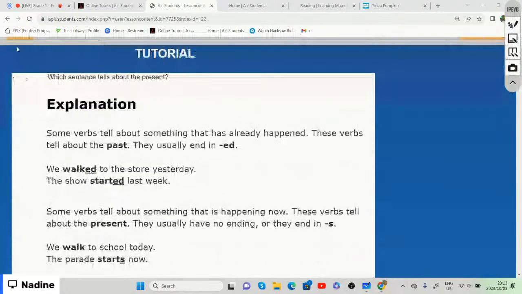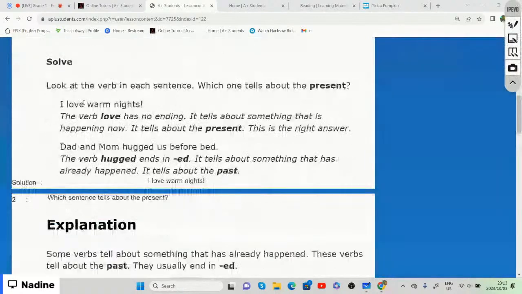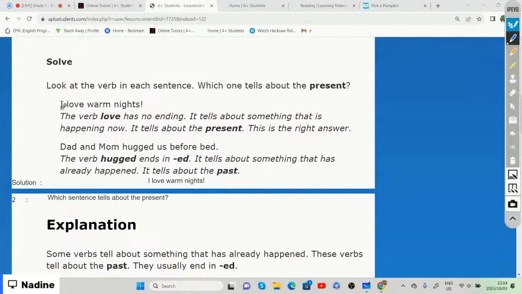All right. So which sentence tells us about the present? We are going to first figure out about the present. It says, I love warm nights, or dad and mom hugged us before bed. If we look at both of these sentences, the very first sentence, I love warm nights, is something that you love. So you love warm nights, and the verb love has no ending.